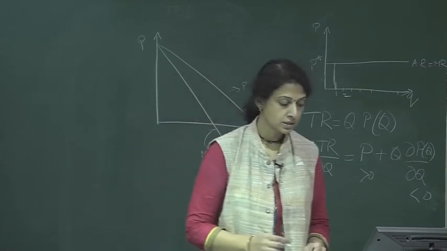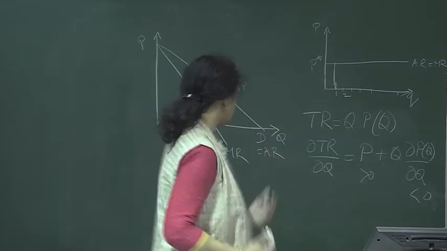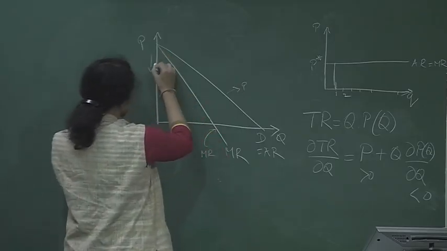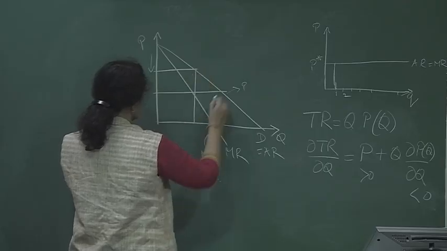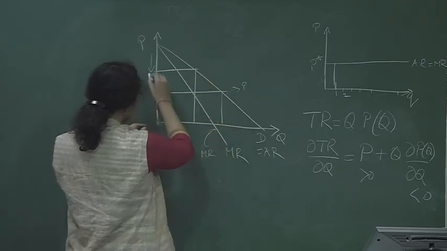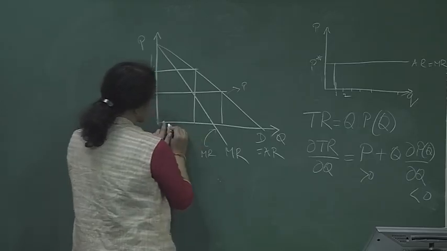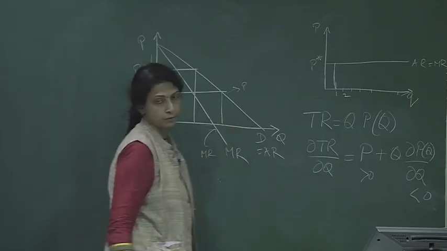In this entire discussion the assumption is that the monopolist can charge one price to all its customers. He does not discriminate. That is, when his price goes down from P1 to P2, he has to reduce the price for all the previous units.